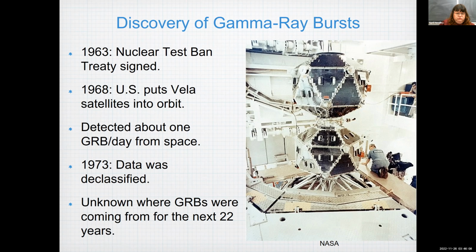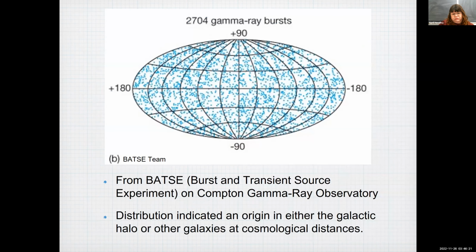Basically, we could get a general area of the sky where one came from, but we couldn't localize exactly where. It was still over a large area. What we could do was reduce each individual one to a small enough area that we could get an overall distribution on the sky.